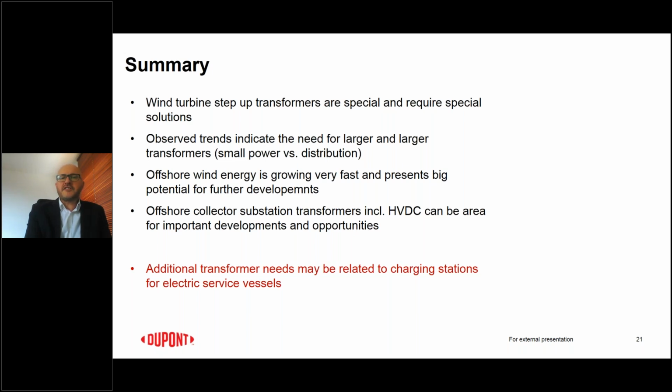The offshore wind industry is a very important trend and growing fast, which presents big challenges, but also big potential for further development and opportunities for state-of-the-art technologies. And we cannot forget about the offshore collector transformers with possibly HVDC applications if we look at the future developments for the offshore wind industry.